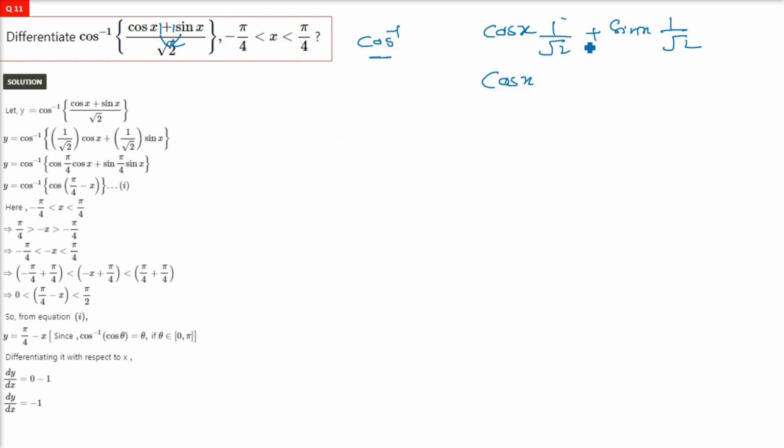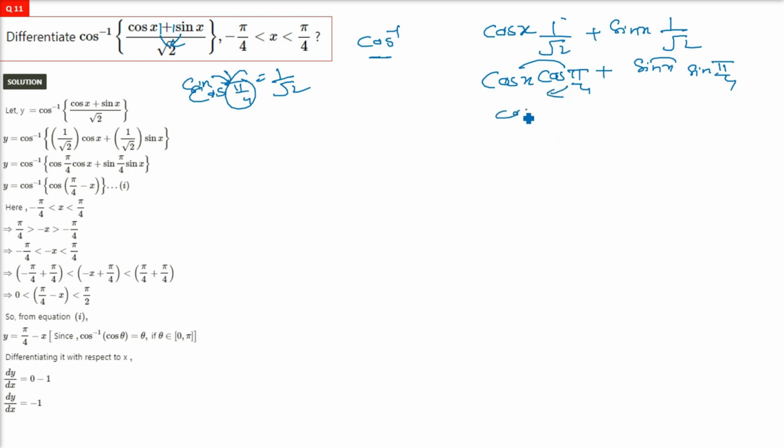So what do you have to write here? You have to write cos pi by 4, because remember, cos pi by 4, sin pi by 4, both are 1 by root 2. So we have cos x, cos pi by 4, and then we have sin x and sin pi by 4. So cos x cos pi by 4 plus sin x sin pi by 4. Alright. And this formula, that is cos a cos b plus sin a sin b, is cos a minus b.